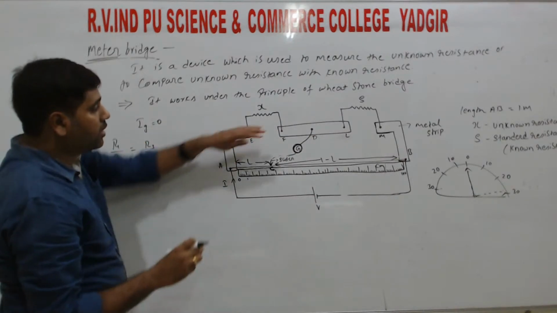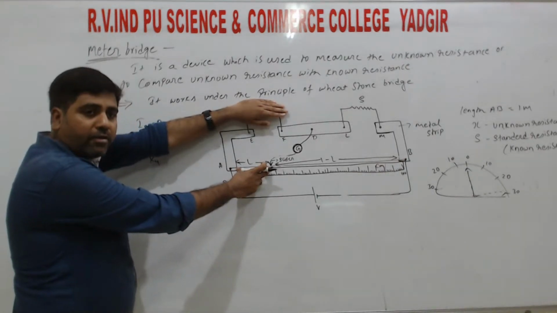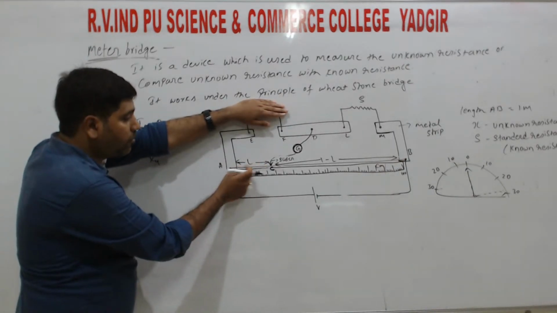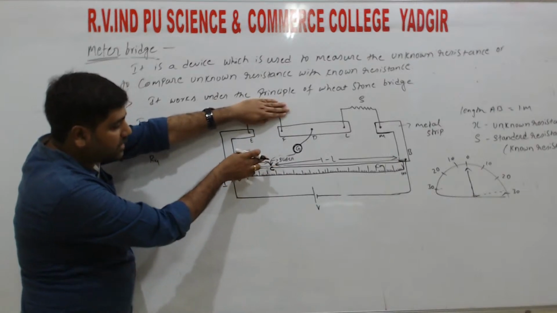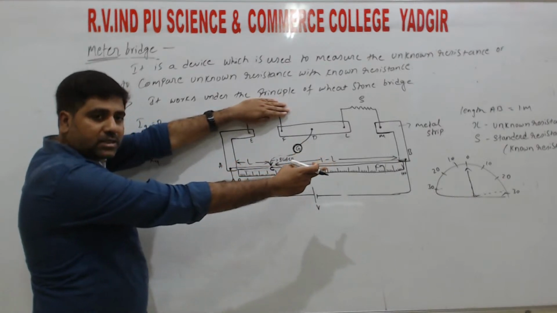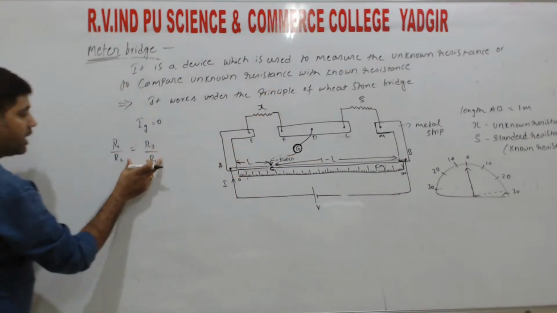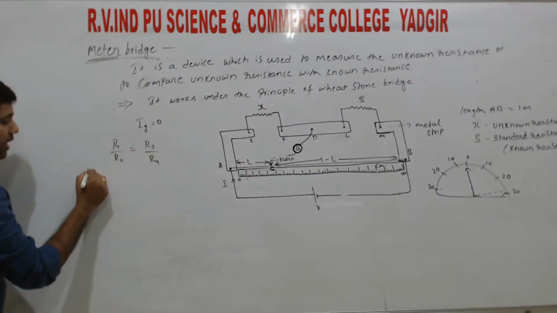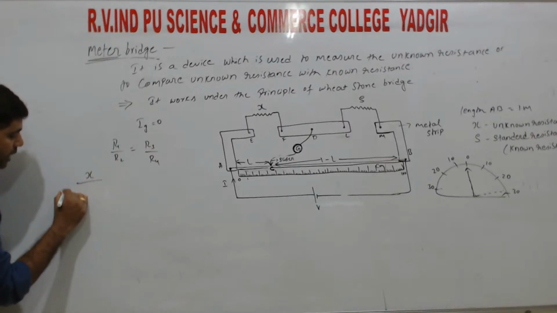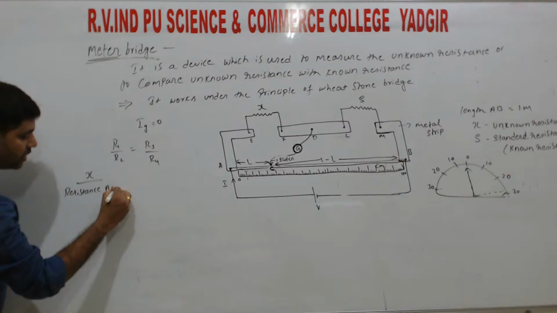So same here, where X is the unknown resistance and the wire is also having the resistance, that is from A to C. So this is also resistance and the length which we measured to get the balanced condition 0, that is also having resistance. So comparing this with the balanced bridge, we can write X divided by resistance AC, right?